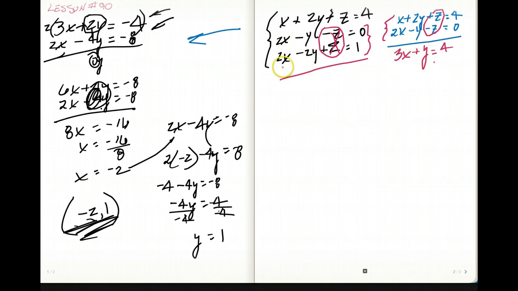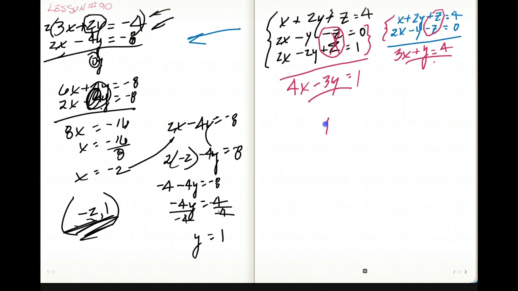So 2x plus 2x is 4x. Negative y minus 2y is negative 3y equals 0 plus 1 is 1. So now I have an equation here, and I have an equation here, and they both only have x's and y's in them because I eliminated the z's.